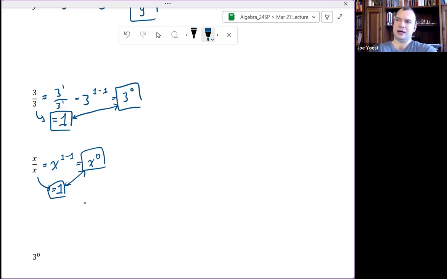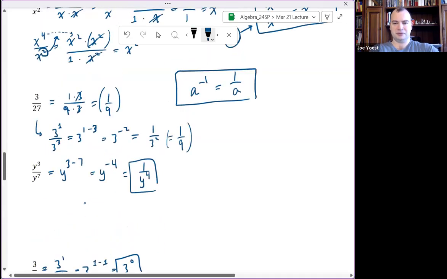Now we do have a little detail that we want to be careful of. We probably should include the special case or the exception that x is not 0. We don't want to divide by 0. We're dealing with quotients here, with divisions, and we just want to make sure we're not dividing by 0. So I'll put that special case in here.